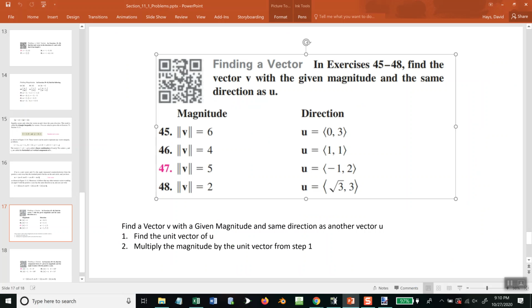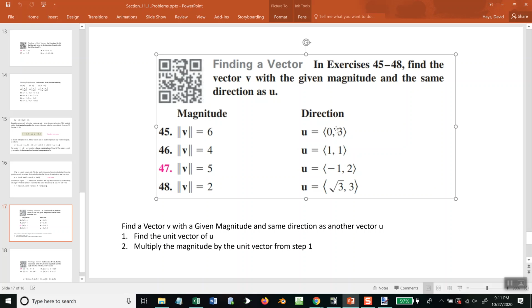Now, I give you a hint on this down at the bottom. First, you find a vector v with a given magnitude in the same direction as another vector u. And how you do that is find a unit vector of u. U, just because it's labeled as u, does not mean unit vector. If I took the square root of 0 squared plus 3 squared, that gives me 9 inside the square root, which gives me 3.